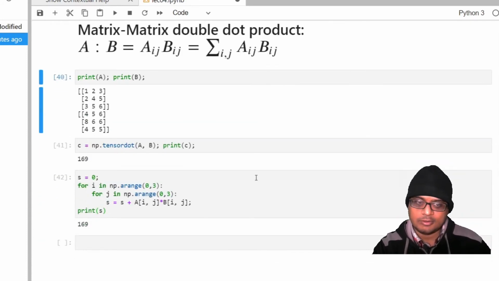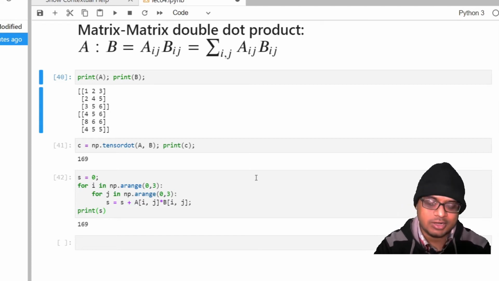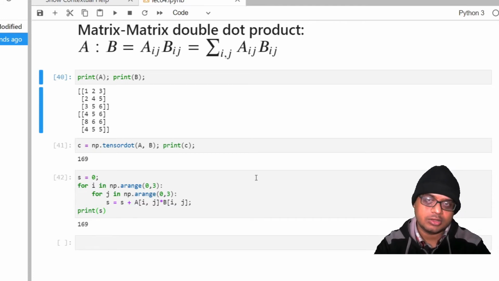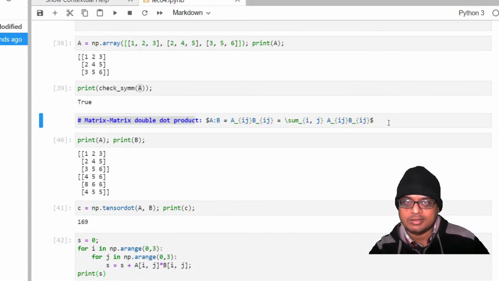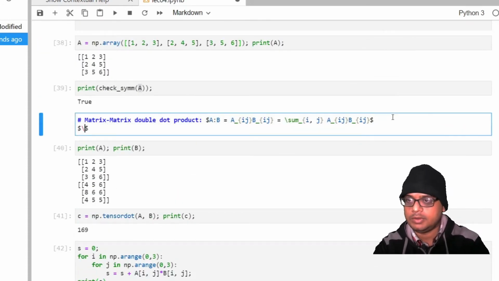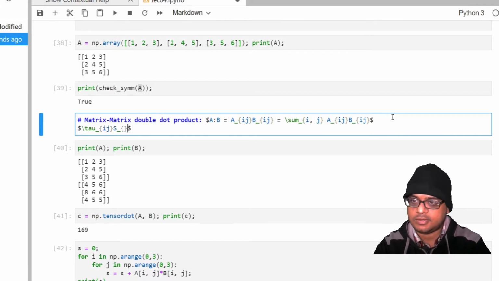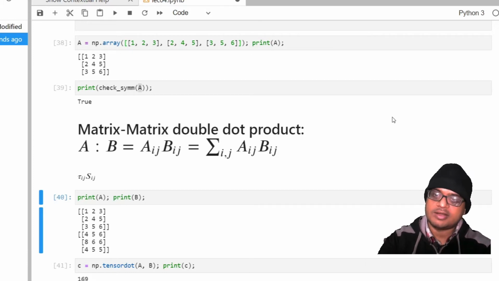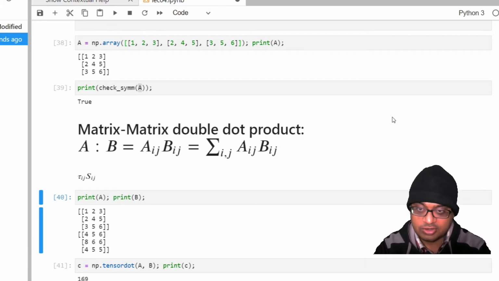In fluid mechanics or convective heat and mass transfer, or rather in heat transfer, you'll find that if you write down the energy equation, you end up with a viscous dissipation term which resembles something like this: tau ij s ij, where tau is the stress tensor and s is the rate of deformation tensor. This is how the viscous dissipation is obtained, and it has the same tensor dot structure as we have shown over here.